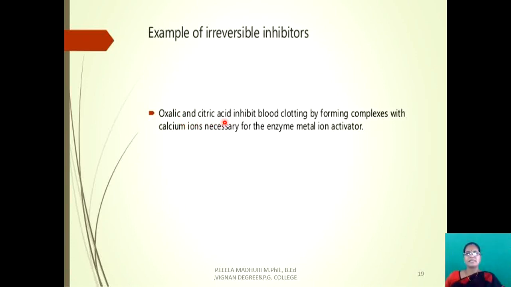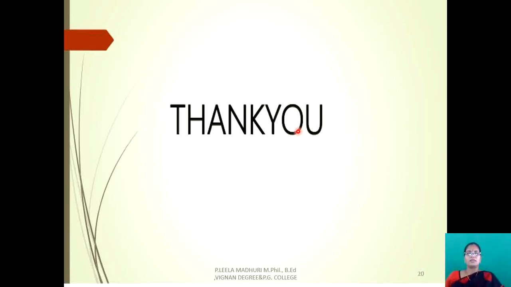They inhibit blood clotting by forming complexes with calcium ions, which are necessary as the enzyme's metal ion activator. So this is about enzyme inhibitors and types of enzyme inhibitions.